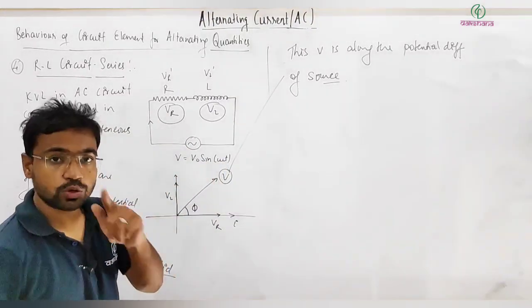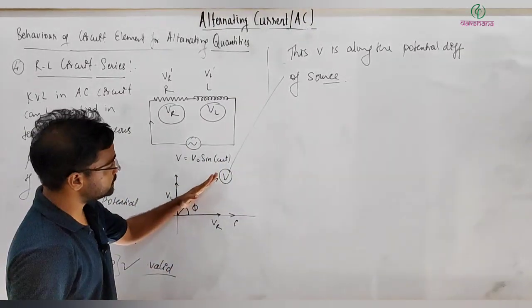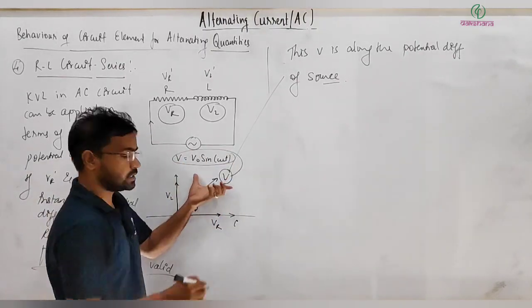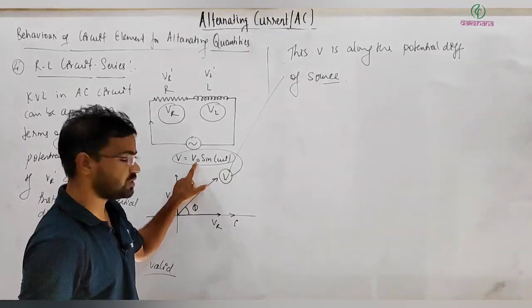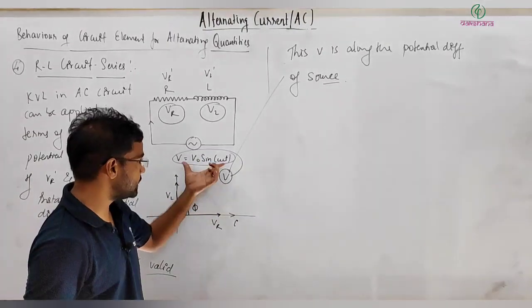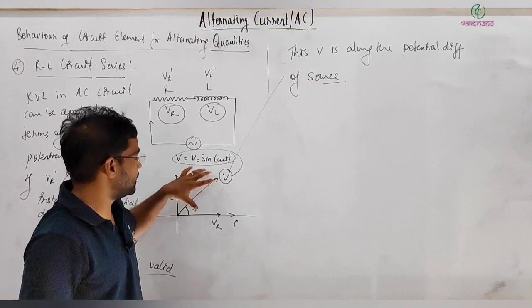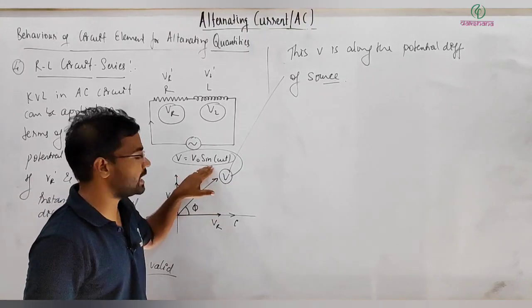That means if I look at the phase, this direction is along this. Magnitude wise it's V naught, and the phase is omega t, so V is equal to simply V naught sine of omega t.